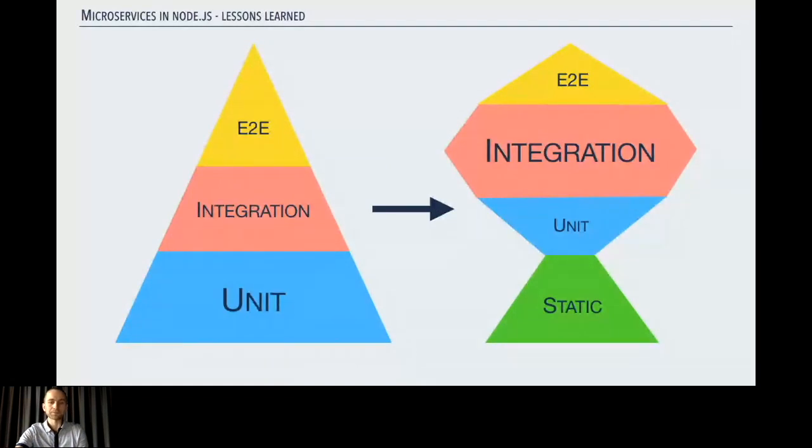In the testing trophy, we put less effort on unit testing and more effort on integration tests. And this is quite important in microservice-based applications because unit tests actually can't guarantee that your communication between microservices is working. You are just testing microservices in isolation.